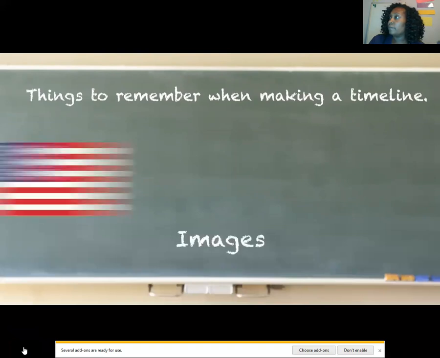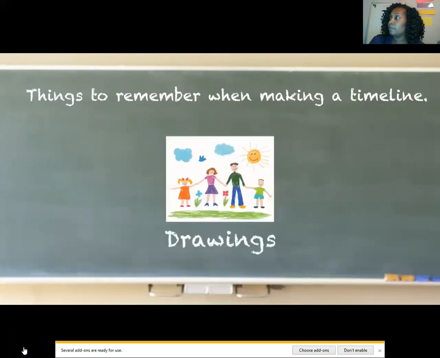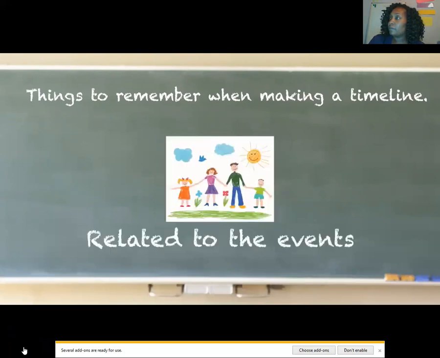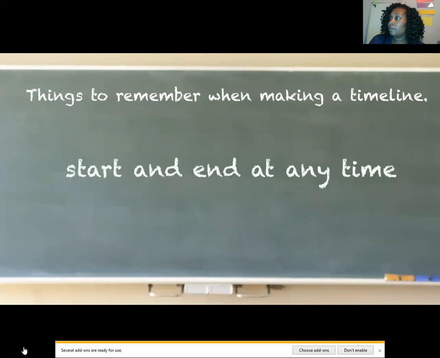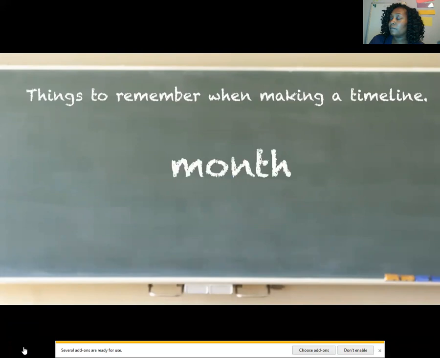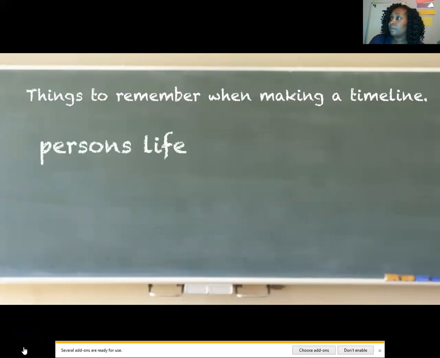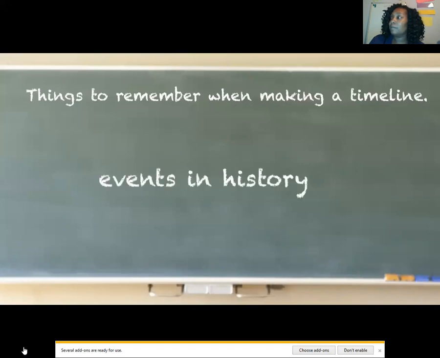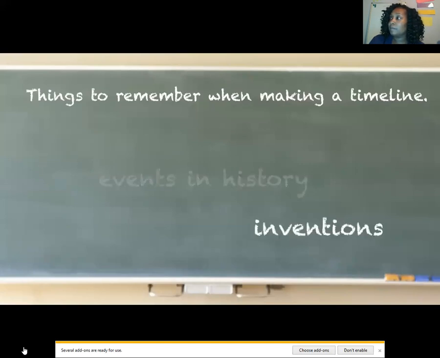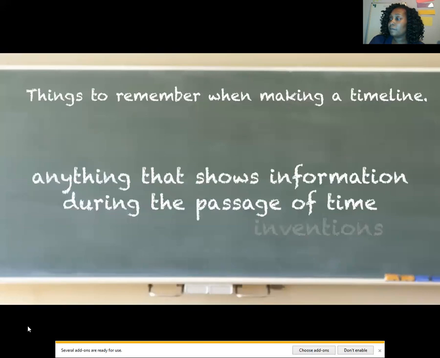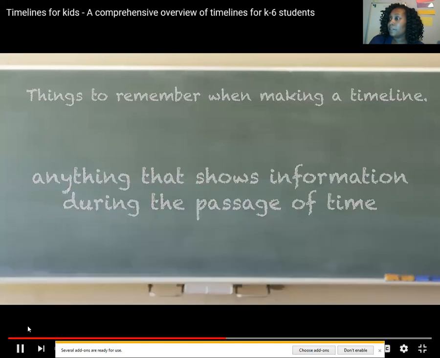They can contain images, pictures, or other drawings related to the events. A timeline can start and end at any time, Mhm. or show 1 year, 1 month, or 1 day in history. See? Timelines can be about a person's life, events in history, inventions, or just about anything that shows information during the passage of time.